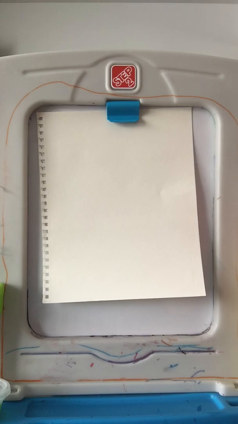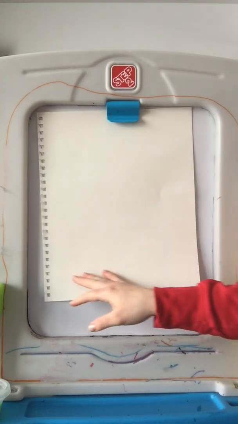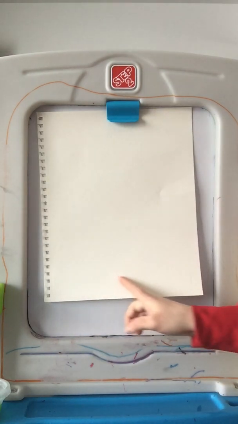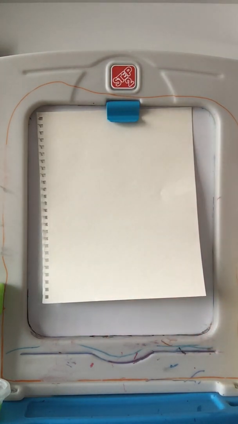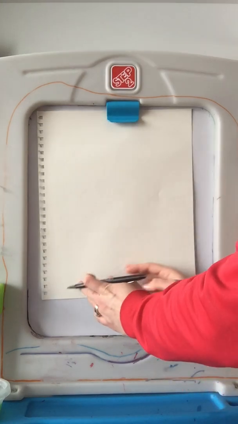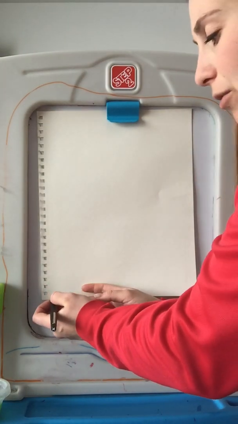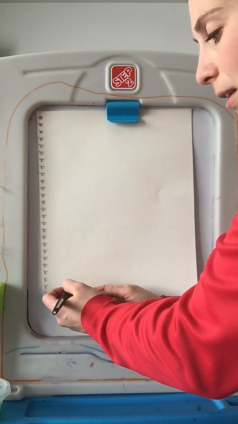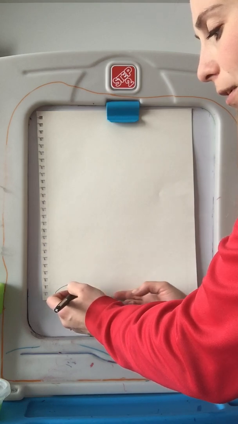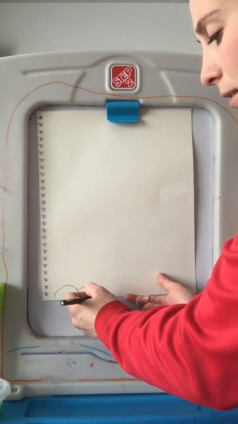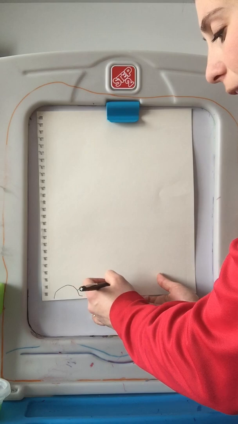So when we draw this, we want to start in our foreground. So I'm going to start at the bottom of my paper. And what I'm going to do down here is I'm just going to draw some little lines that might resemble rocks. So I can put them side by side.